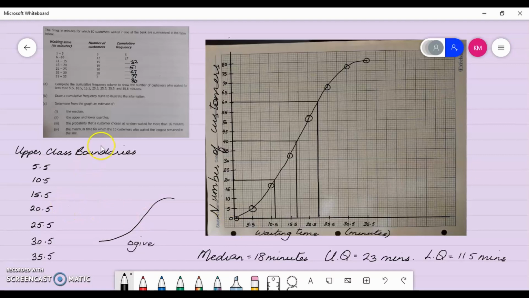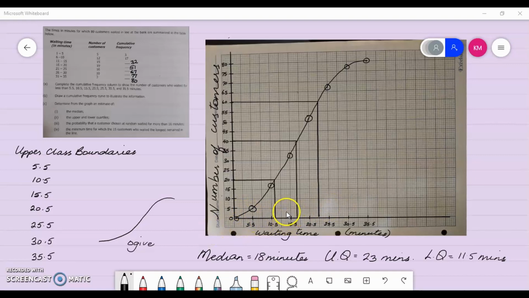Next part of the question asked the probability that a customer chosen at random waited for more than 16 minutes. Now, those customers who waited for more than 16 minutes include those who waited for 16 all the way up to 40 minutes. So what I'm going to do, I'm going to draw a vertical line at 16 minutes. So I'm going to look for 16 minutes on my x-axis.